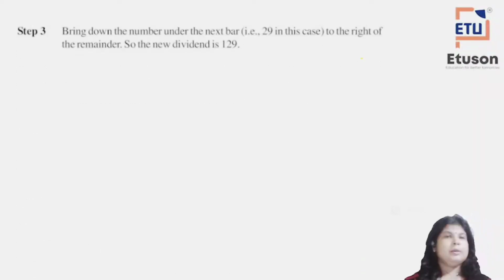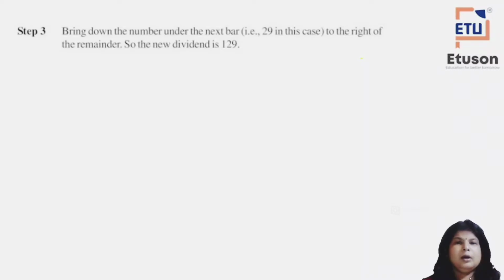Now step 3. Bring down the number under the next bar. So now you have remainder as 1. What you have to do is bring the remaining number, which was 29, down, as a result of which your new dividend will be 129. Correct?